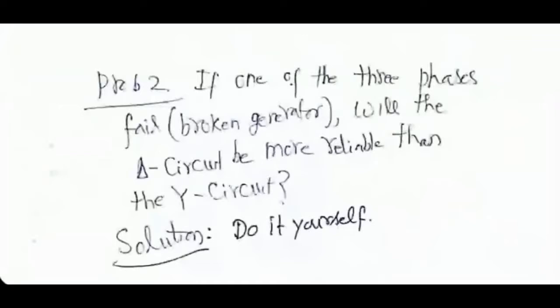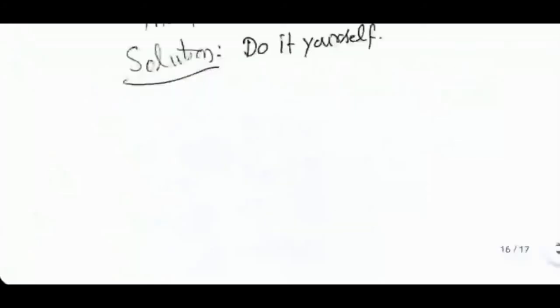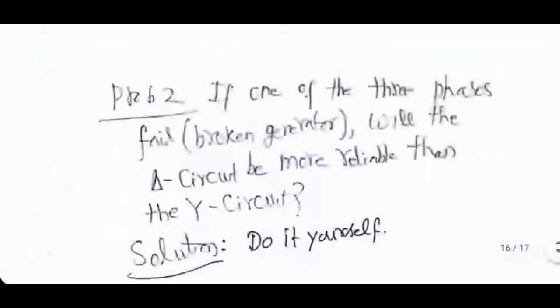What we are trying to figure out is, can we continue to supply to customer when one generator fails? Is delta circuit better or Y circuit better? If one generator fails, can we still get some line voltages? Which is better option? You think about it. I can give you the solution later. So I think I'm going to stop.